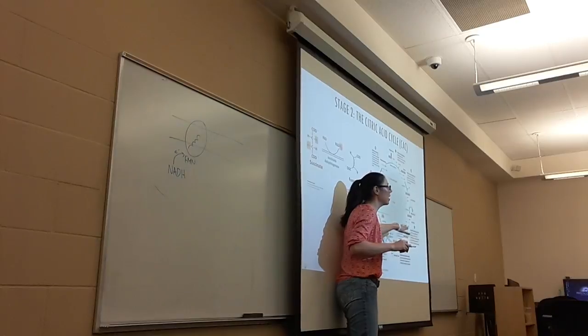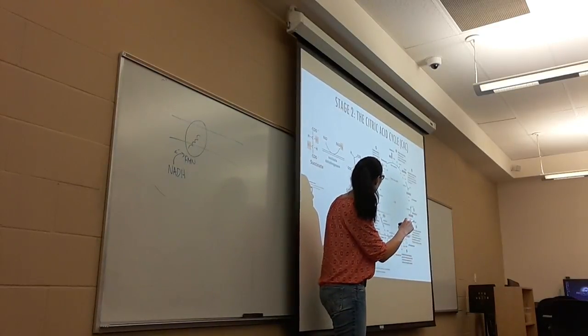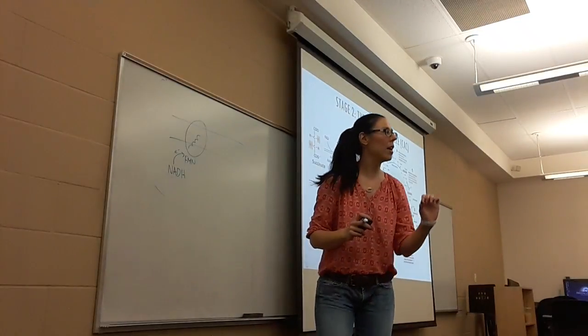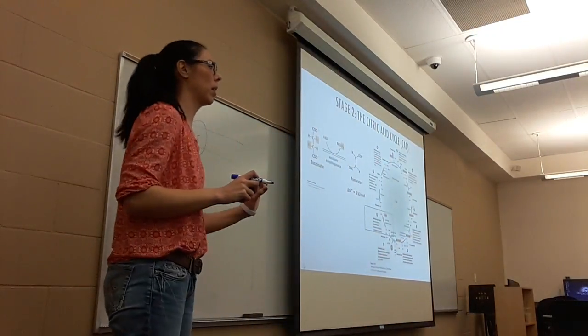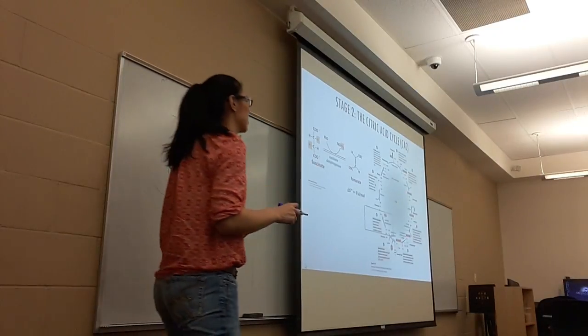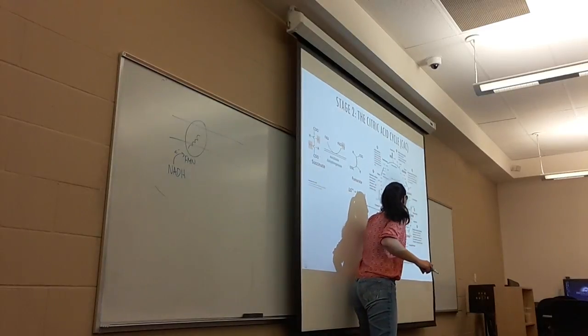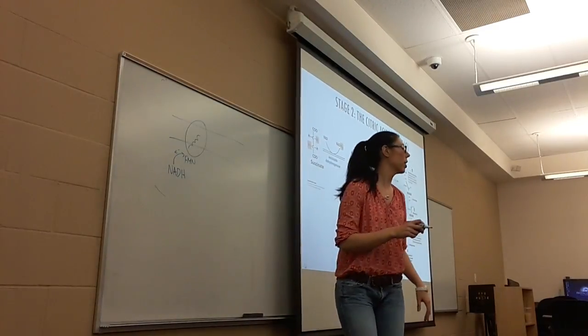Succinate dehydrogenase, which is responsible for changing succinate to fumarate, is embedded in the mitochondrial inner membrane. That is the only one of these enzymes that's embedded in the membrane. So that links the citric acid cycle to the electron transport chain.